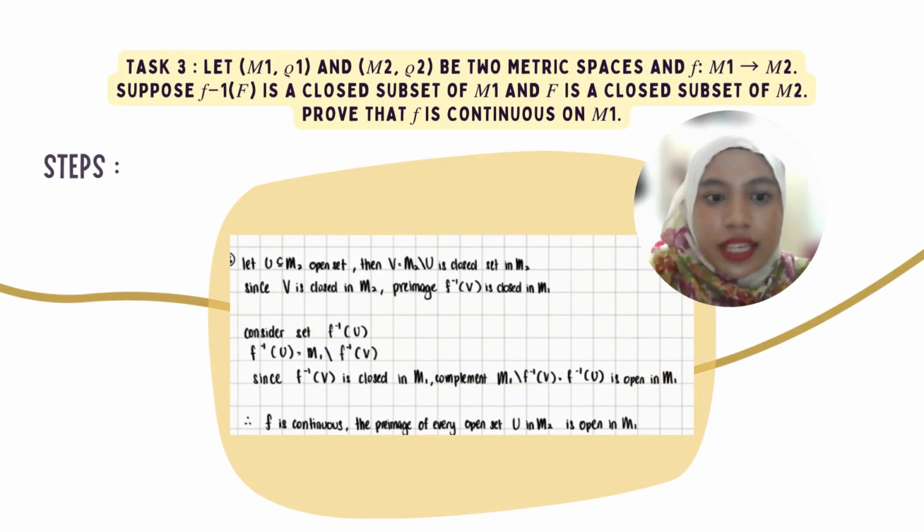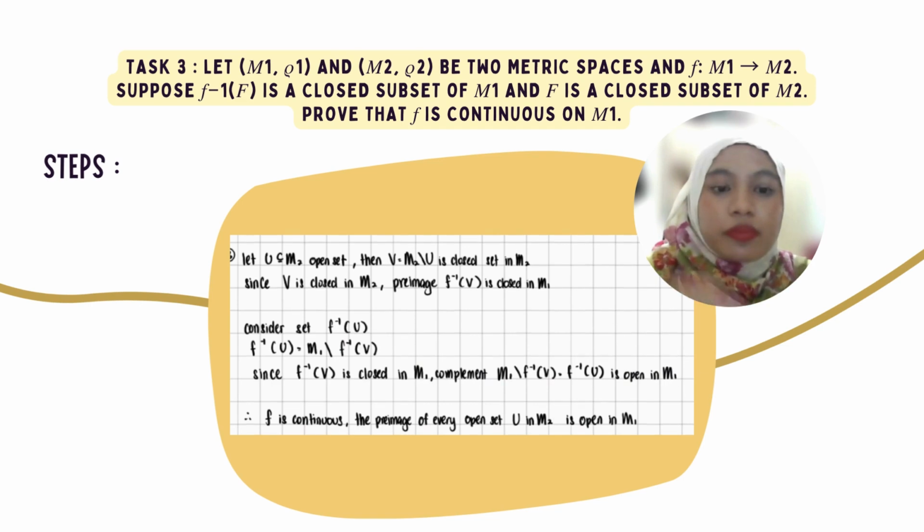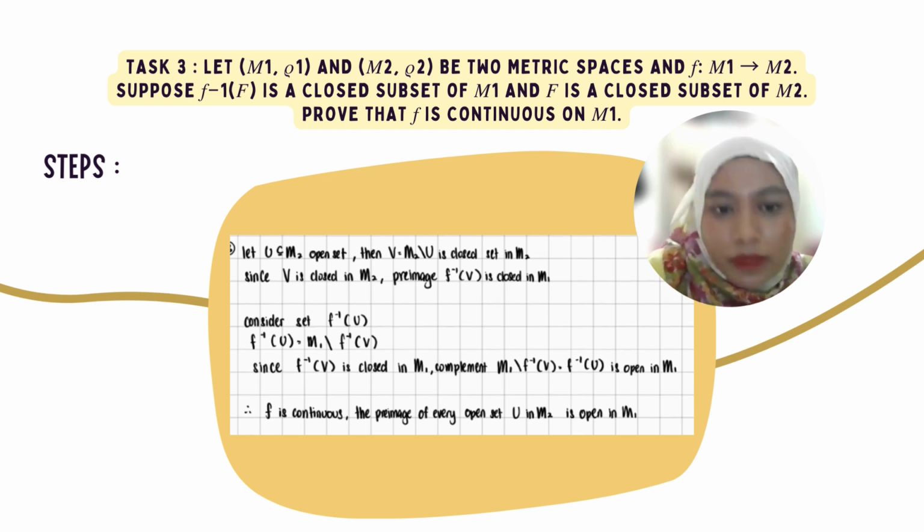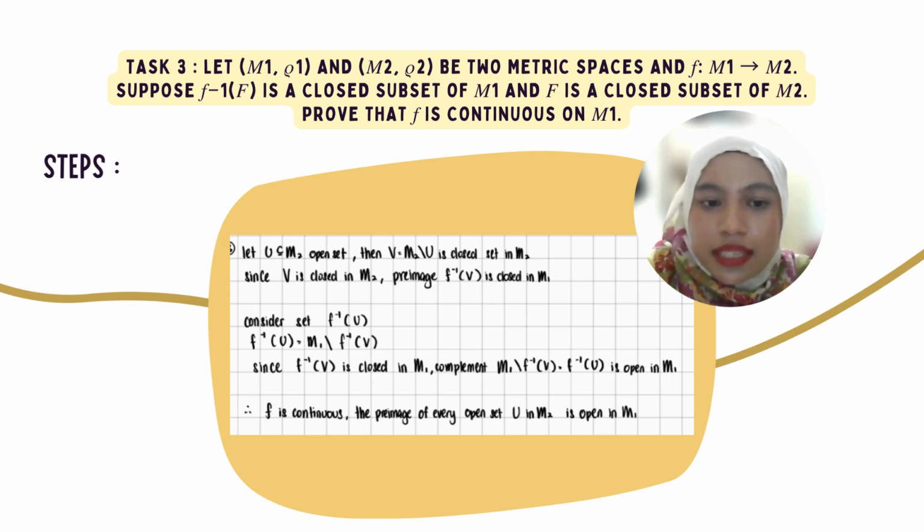Our step number 3 is, let U subset of M2 be an open set, and then V is a closed set in M2. Since V is closed in M2, the pre-image f^-1(V) is closed in M1.